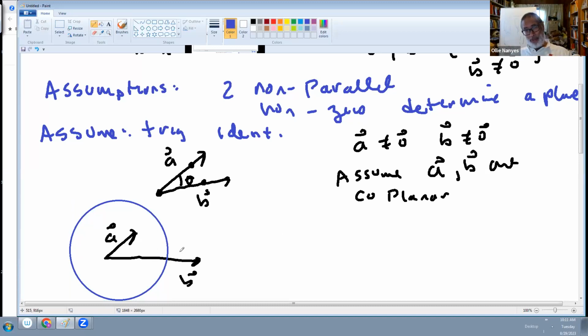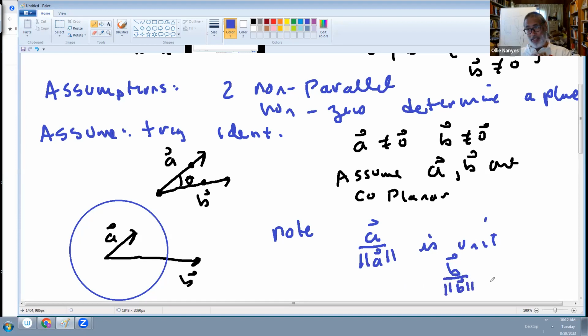I drew B as if it were on the x-axis, I guess you could rotate this to be on the x-axis if you wish. So the first thing I'm going to do now is note that the vector A, divided by its length, is unit, because it's non-zero, and B, divided by its length, is unit.